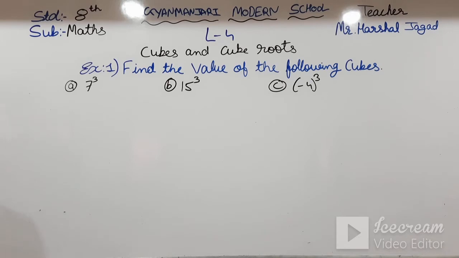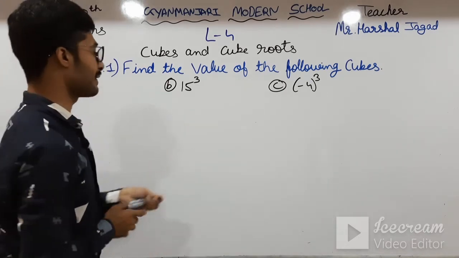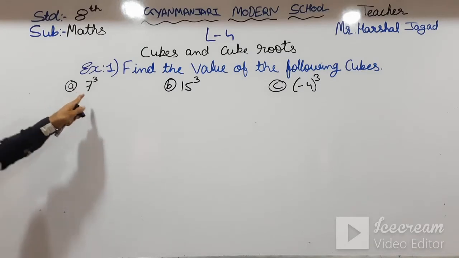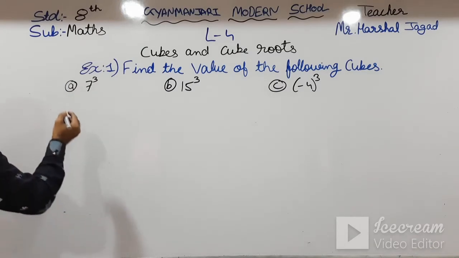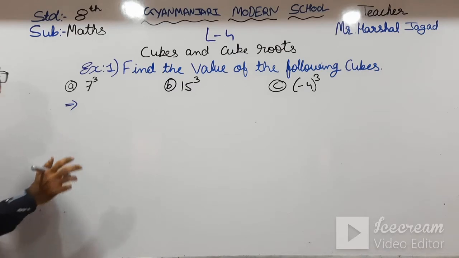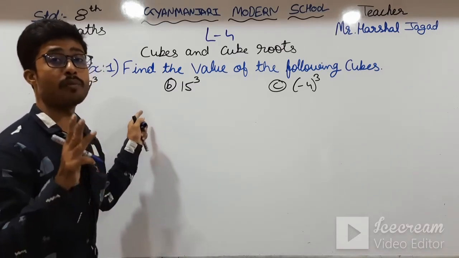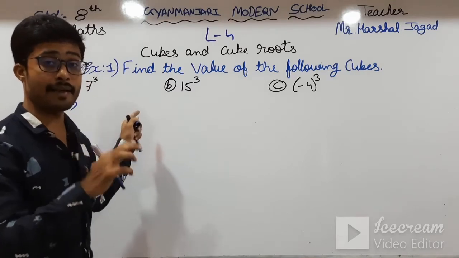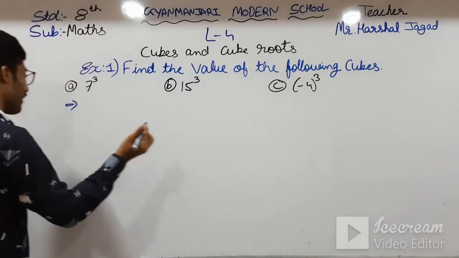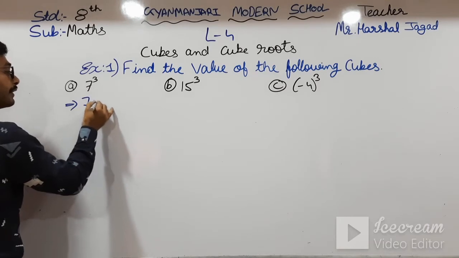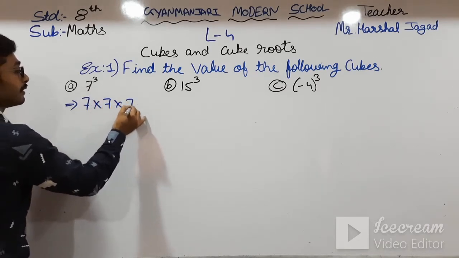Okay students, so first of all we will solve these three examples. So what is the cube of 7? Okay students, we have to multiply 7 three times, not 7 into 3, but 7 into 7 into 7.